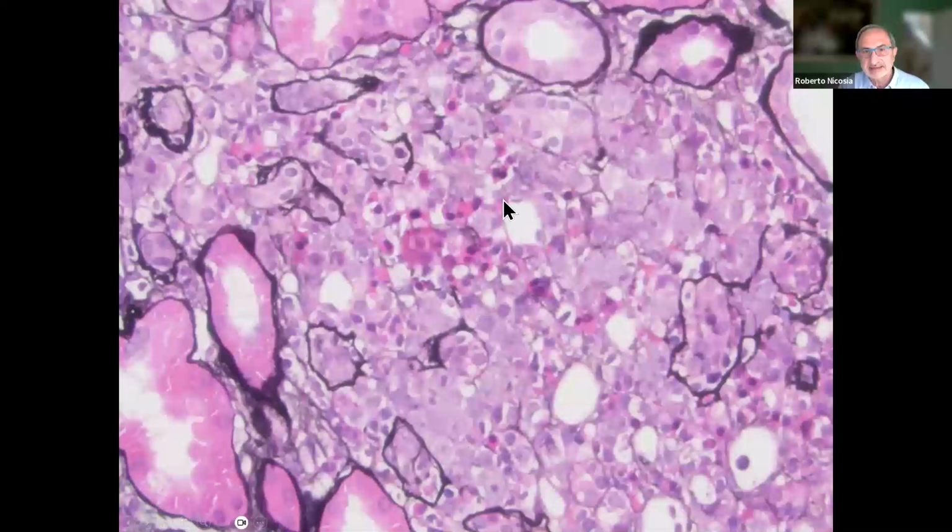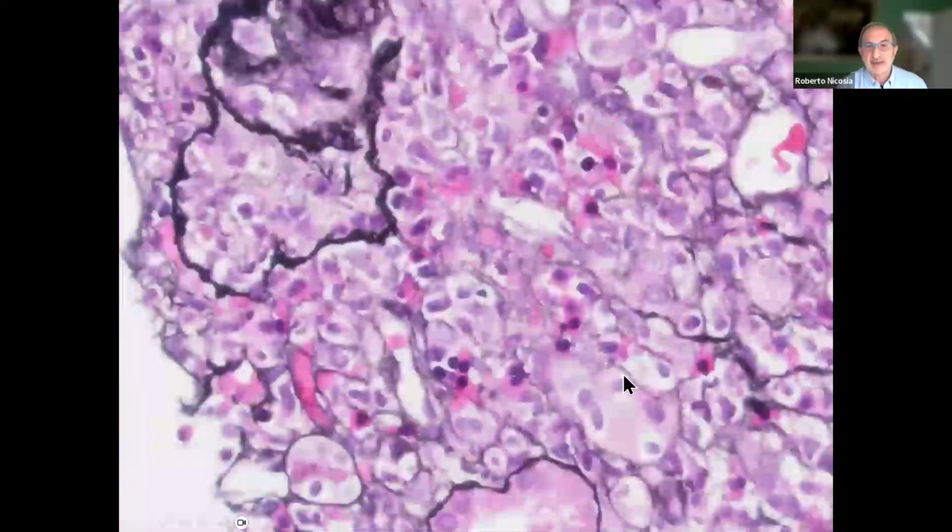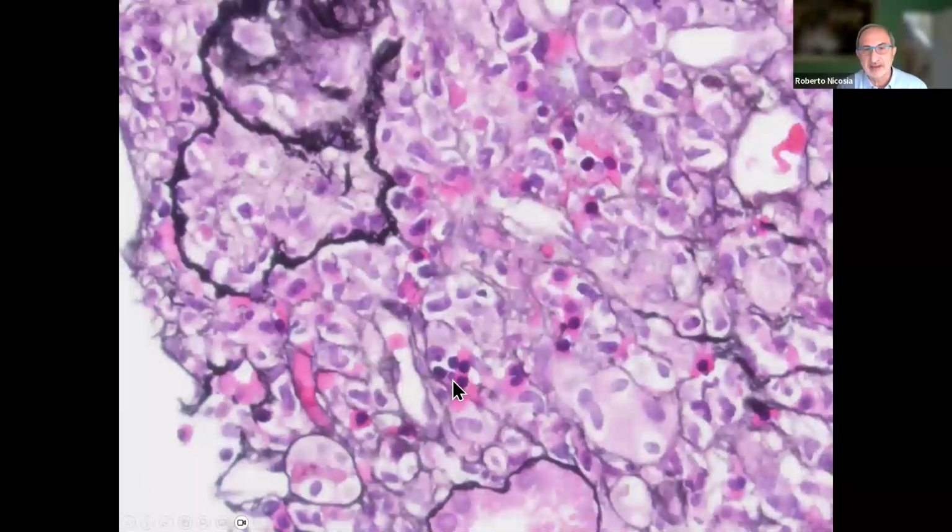And then there are cells that are eosinophilic, but with small hyperchromatic nuclei. Here's another view of these cells that form clusters. And some of them have hyperchromatic nuclei surrounded by a ring of eosinophilic non-granular cytoplasm.